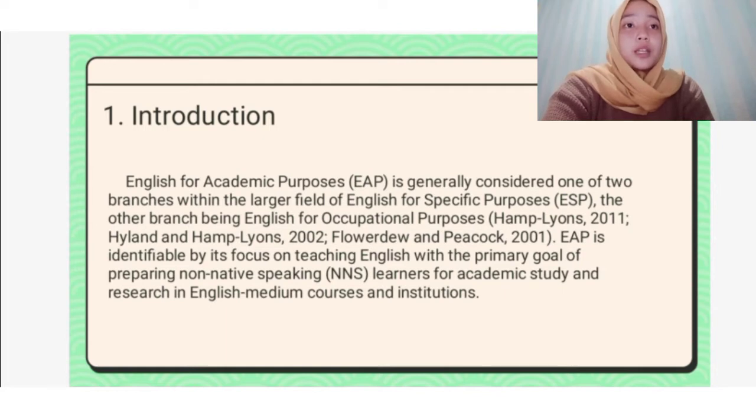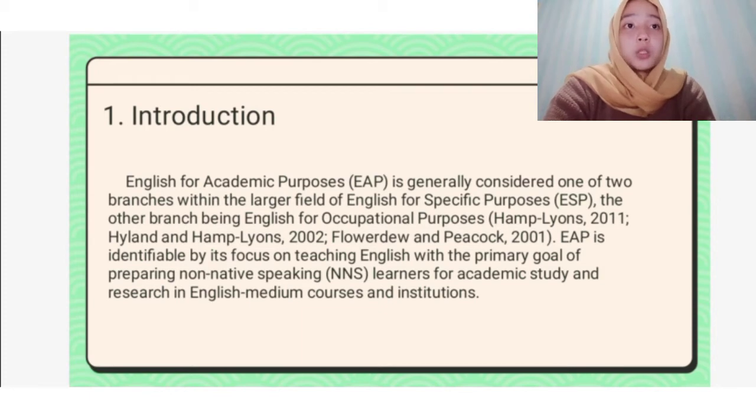Most institutions will provide EAP programming in-house, although more universities in the United Kingdom, Australia, and Canada are now choosing to outsource their programs to private schools in so-called pathway programs.